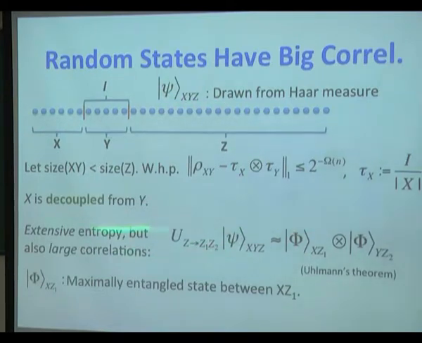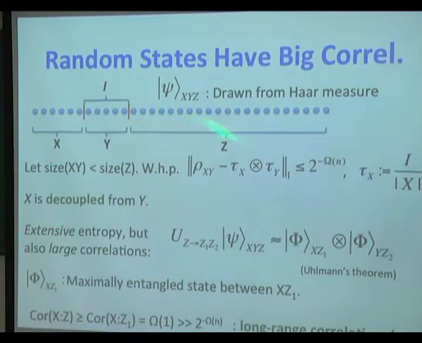So there is some unitary, we just do a change of basis in z, and then we get that x is maximally entangled with a subsystem z1 and y with another one. But a maximally entangled state has a lot of correlations, right? You just measure coincidence, for example. So we saw that this implies that the correlation between x and z is very big. It is of order 1 for a separation y, which can be of order the system size, right?